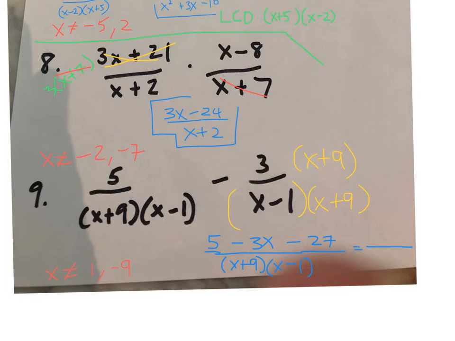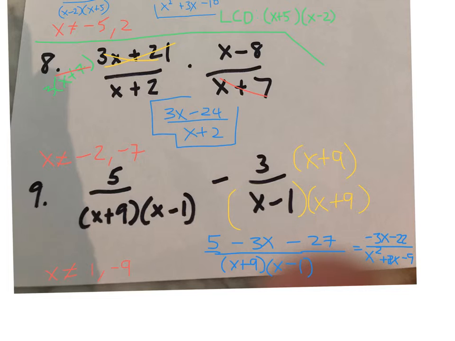Let's see, the 5 minus 27, that's -22. So we're going to have -3x minus 22. And with regards to the bottom here, if we were to FOIL that out, we would have x squared. We'd have a -9 at the tail end. And 9x minus x is going to be 8x, so that's going to be 8x right there.